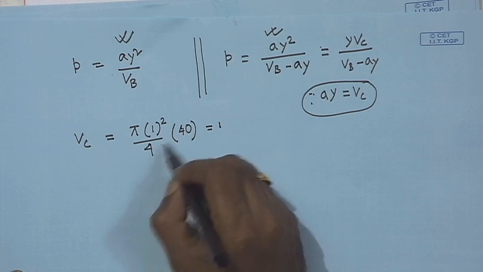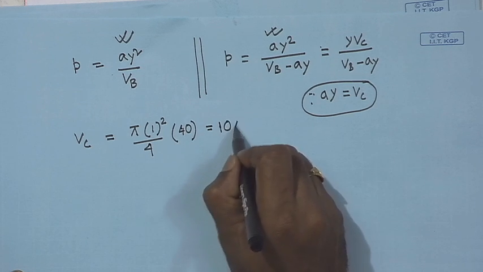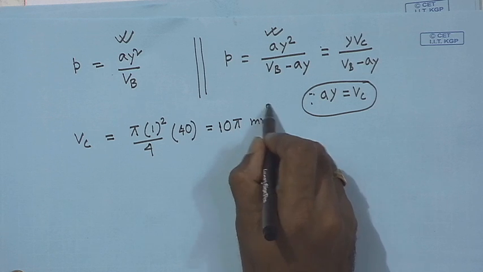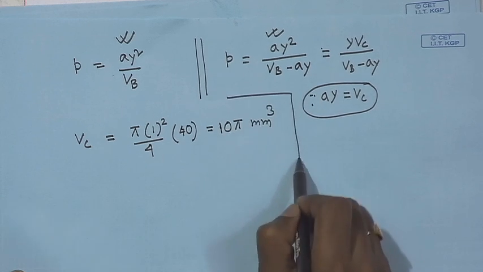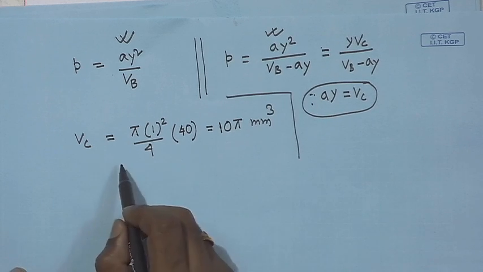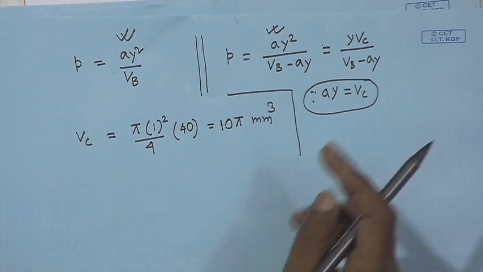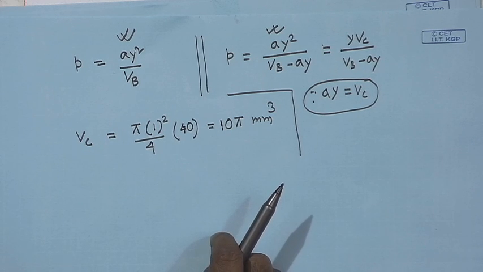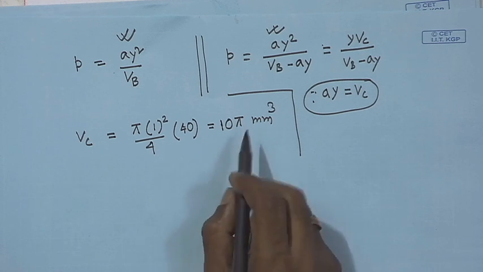So, this becomes 10 pi millimeter cube. So, V c, which is the volume of the capillary occupied by the gas, is 10 pi millimeter cube.